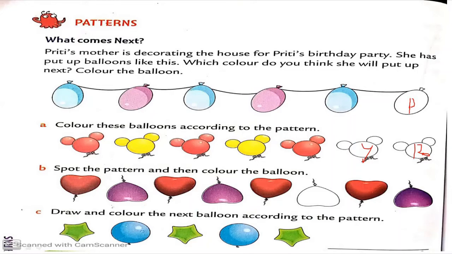Look, these are different shapes of balloons. Star shape, then circle shape, star, circle, star. Then if you are going to complete this pattern, which shape balloon will come next? Round shape. Okay. Hope you understand about the pattern well.